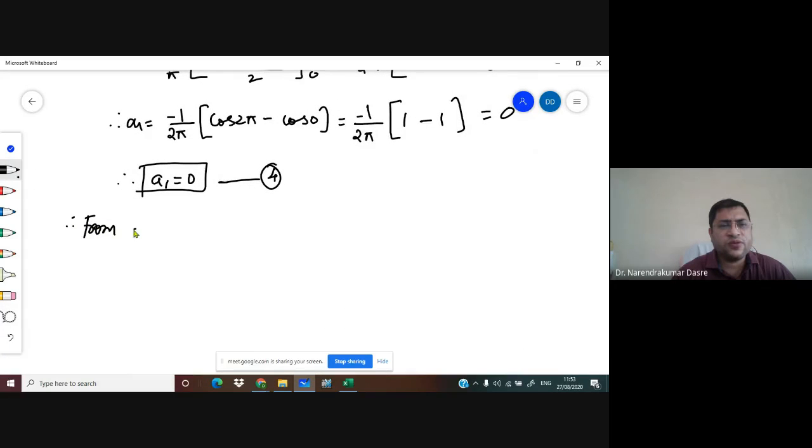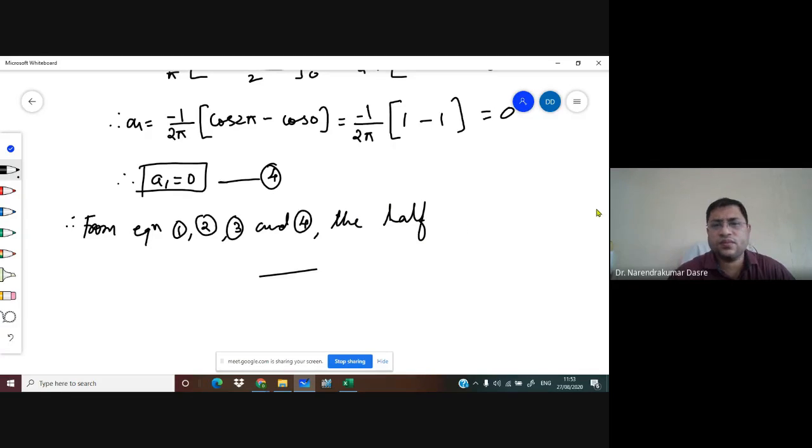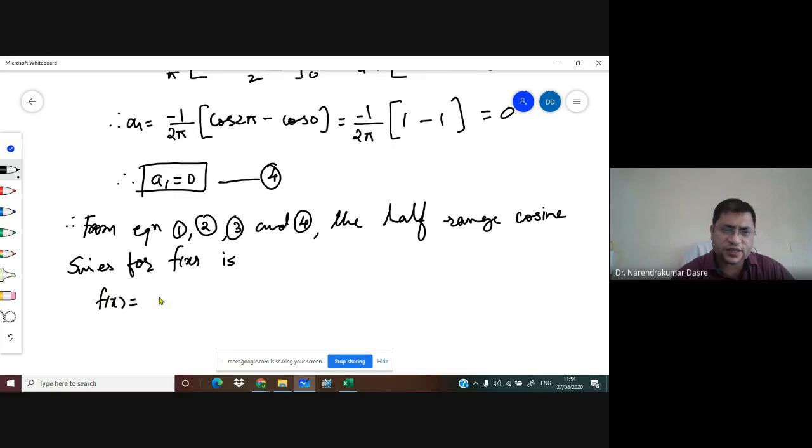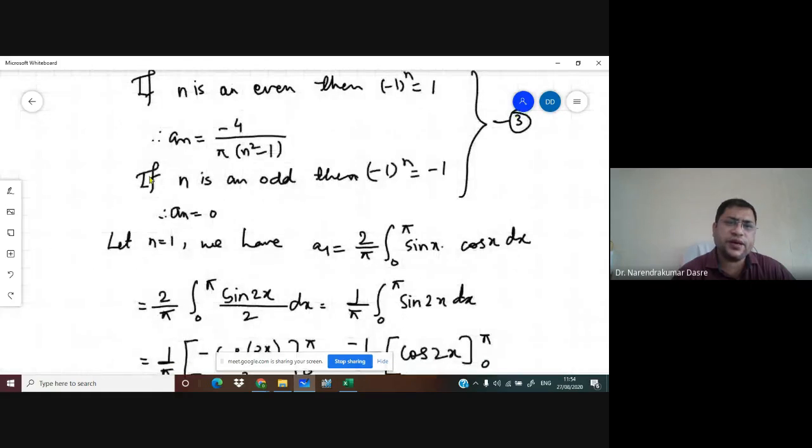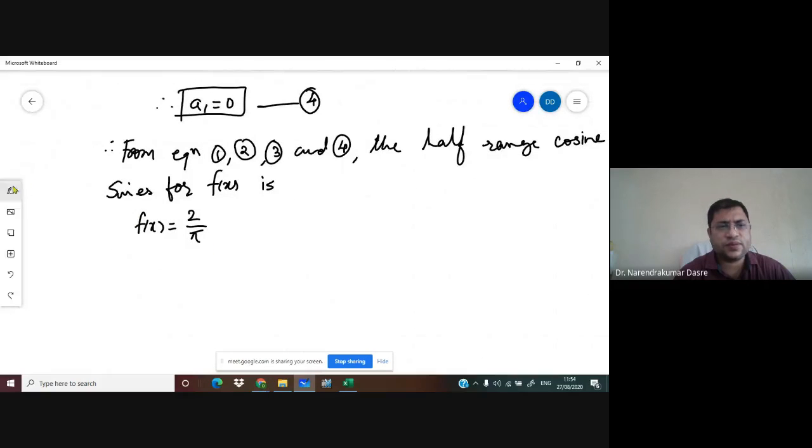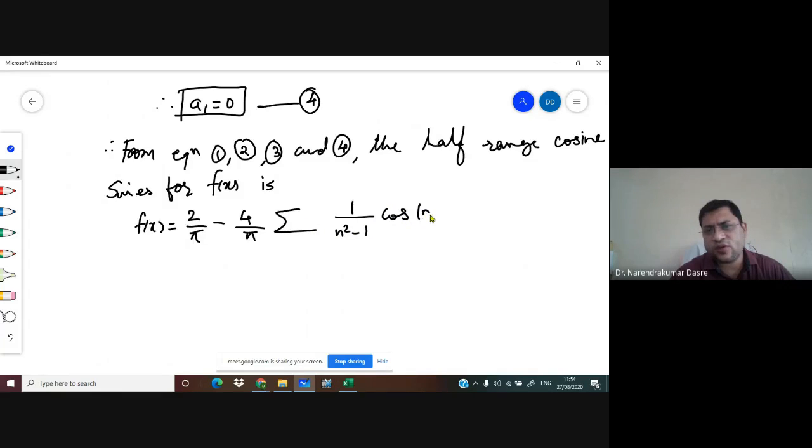So from equations 1, 2, 3, and 4, the half range cosine series for f(x) is, f(x) is equal to a_0 by 2, that is 2 by pi, a_1 is 0, then what we have for a_n is minus 4 upon pi summation 1 upon (n^2 - 1) cos of nx, but this exists only if n is even.